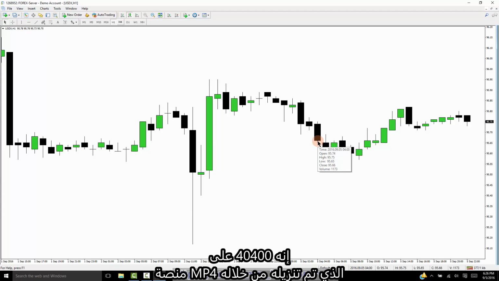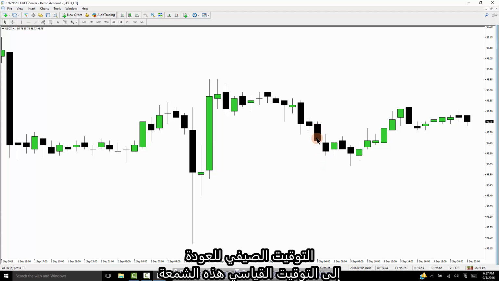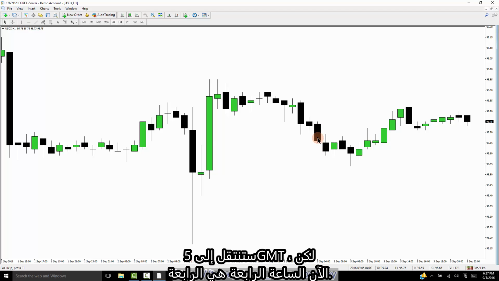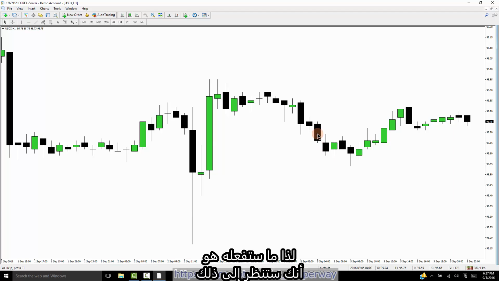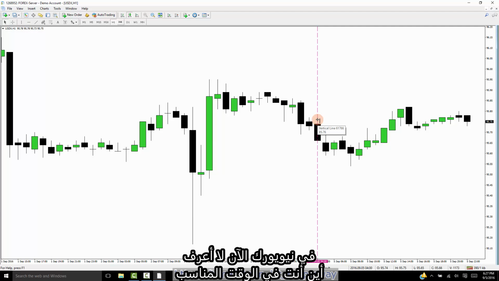So when it's the 0400 on the MT4 platform downloaded through Forex LTD, this candle is always, until it changes for daylight savings time back to standard time, this candle will move to 5 GMT. But right now it's 4. So what you're going to do is look at that candle and put a vertical line right on it. So that's midnight in New York.